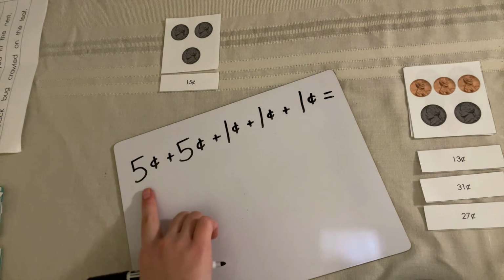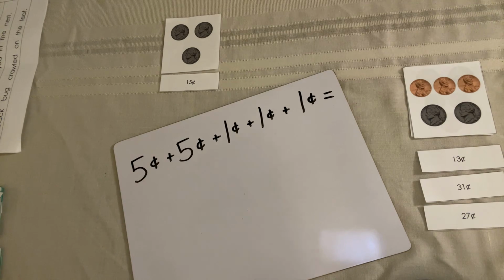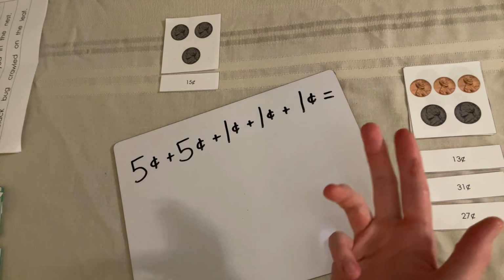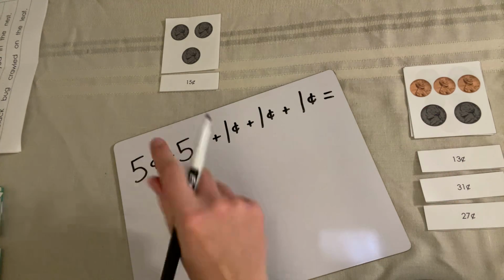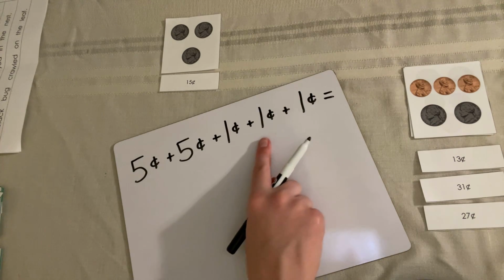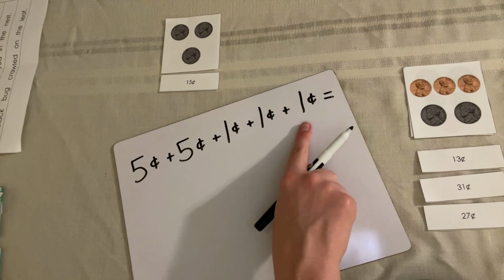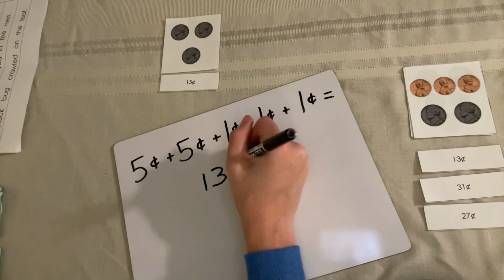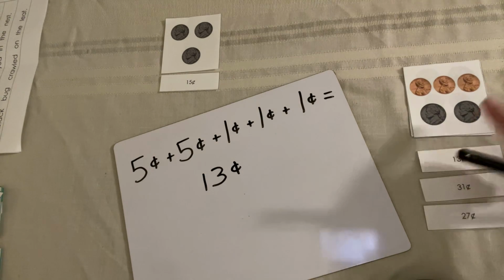So I'll start with 5 and add 5 more. 6, 7, 8, 9, 10. So that's 10. And then 1 more is 11. Plus 1 is 12. Plus 1 is 13. This equals 13 cents.